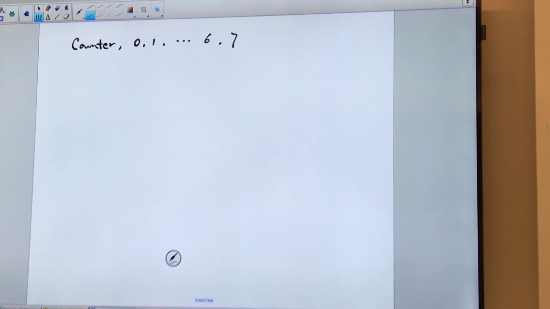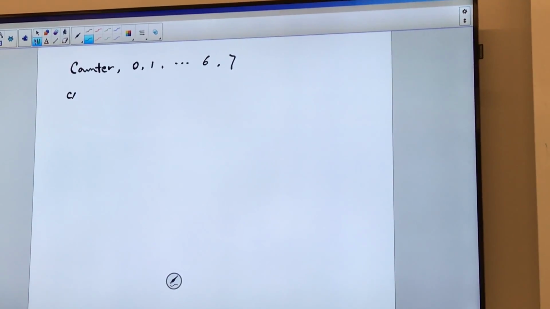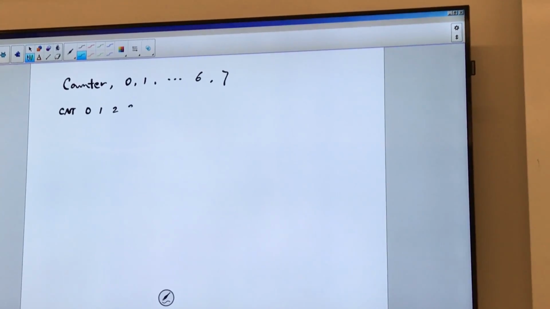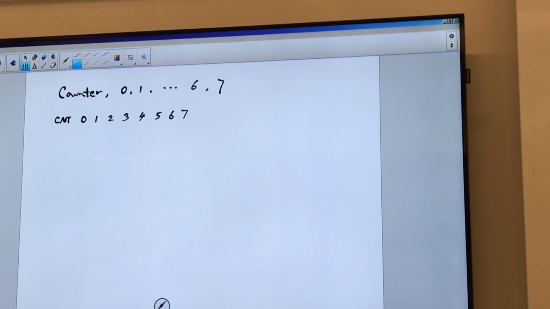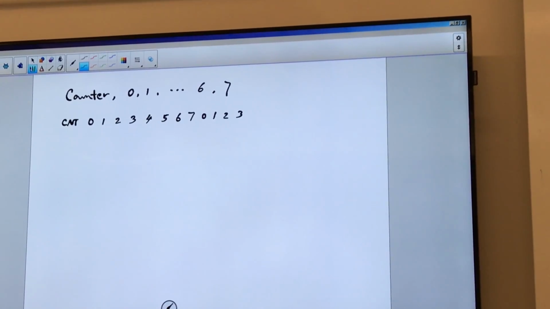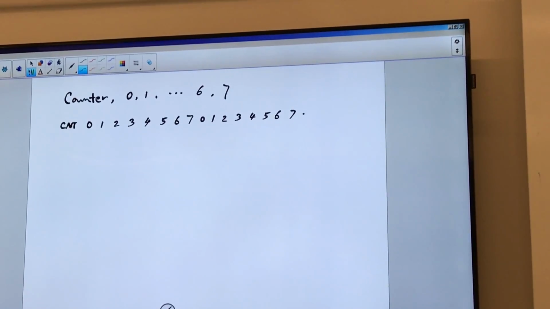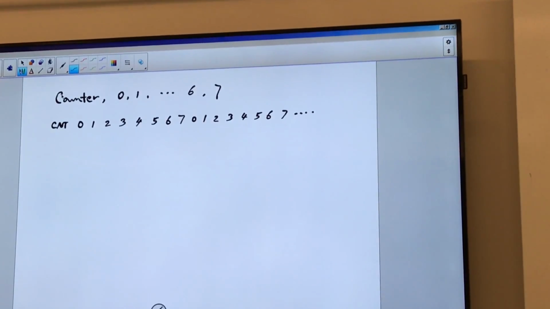It's a 3-bit counter. So the counter is going to count 0, 1, 2, 3, 4, 5, 6, 7, and then 0, 1, 2, 3, 4, 5, 6, 7, and then continue. Okay, very simple 3-bit binary counter.